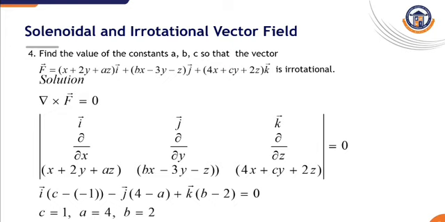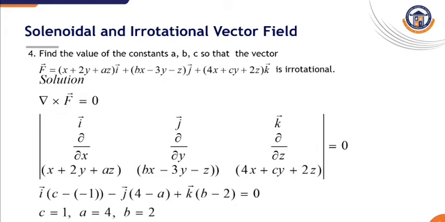Therefore I directly apply the irrotational concept: i vector, j vector, k vector, dou by dou x, dou by dou y, dou by dou z, with x plus 2y plus az, bx minus 3y minus z, 4x plus cy plus 2z, equal to 0. Again the i component is the partial derivative with respect to y of 4x plus cy plus 2z, which is only c.